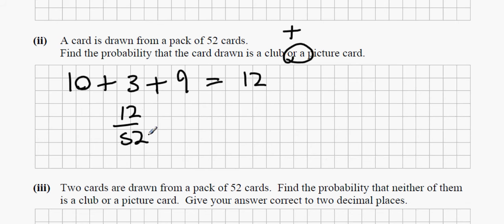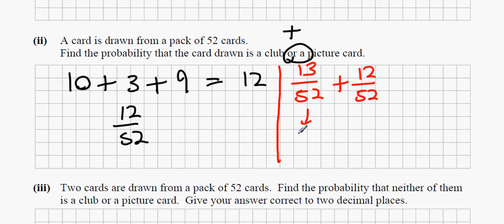Now another way of going through this answer would be to do something like this. You can say that there's 13 out of 52 clubs. Then you can say there's 12 out of 52 picture cards. So this is clubs, this is picture cards. And then you've got to take away what you double counted. You double counted the picture cards that are clubs, which is 3 out of 52.